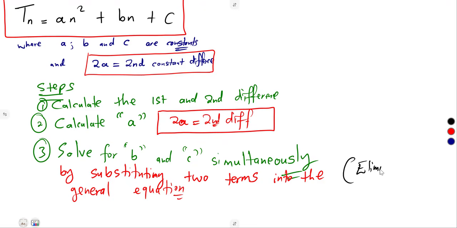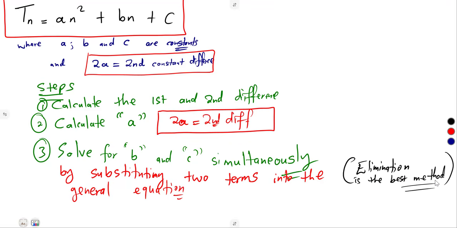So at the end of the day, you see that elimination is the best method. I'm not saying do not use any other way of solving your simultaneous equations.